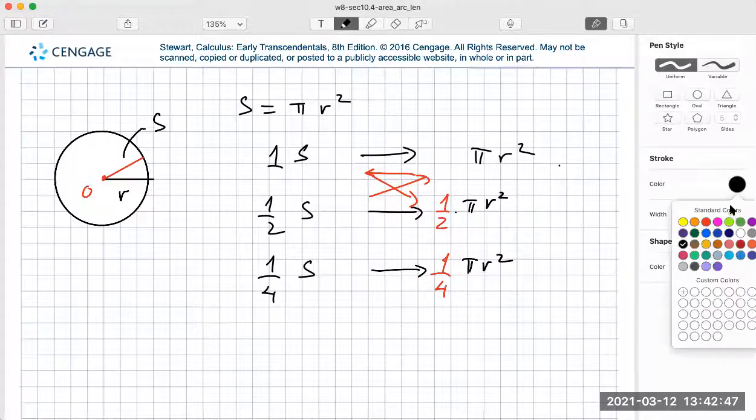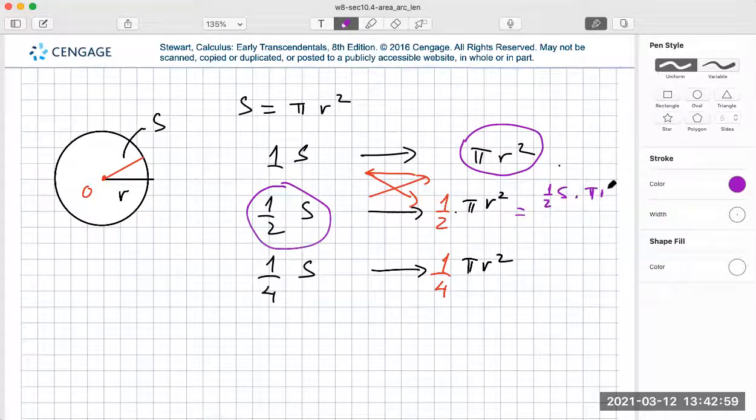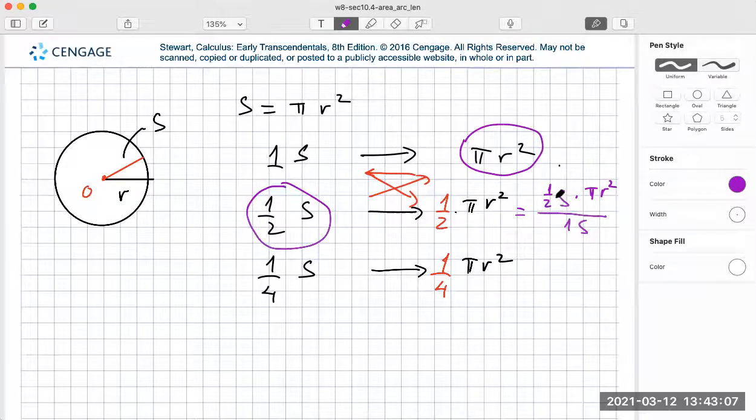In other words, we can just remember this rule: this guy multiply this guy divided by this, which is 1/2 s times pi r squared divided by 1s. The s here will cancel each other. That is why we have this formula, right?